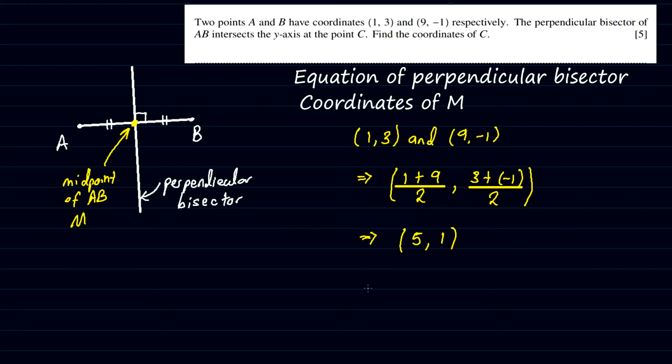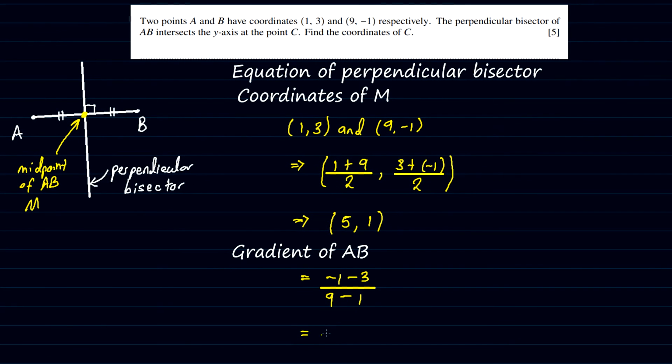I will also need the gradient of the perpendicular bisector, but I'll start by finding the gradient of AB. For the gradient of the line AB, I'll just use the same points for A and for B. So for the gradient of AB, I'll be having -1 minus 3 over 9 minus 1.